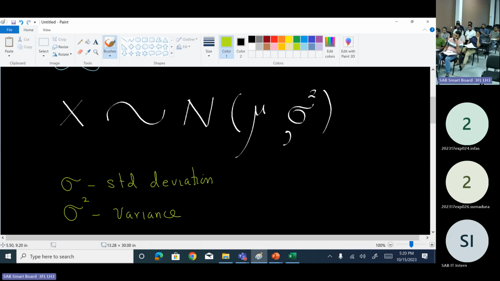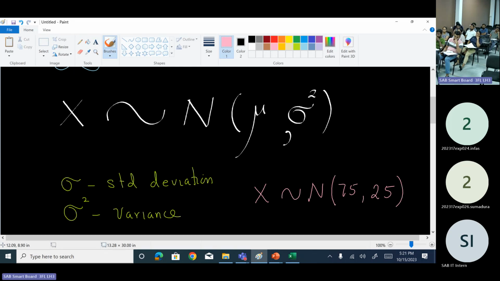So now, don't write this. Suppose you come across something like this: X follows N(75, 25). What do you understand from this? X is what type of variable?